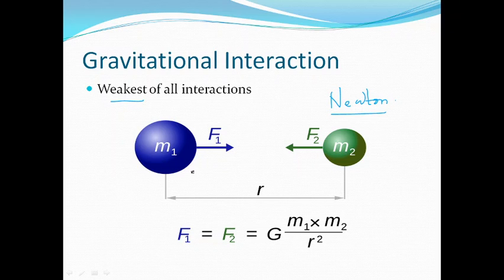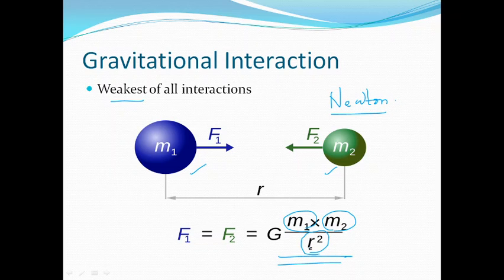If there are two bodies with masses m1 and m2, there is a gravitational force existing between them, given by G m1 m2 divided by r squared. That is, the force is proportional to the product of the masses, and inversely proportional to the square of the distance between them.